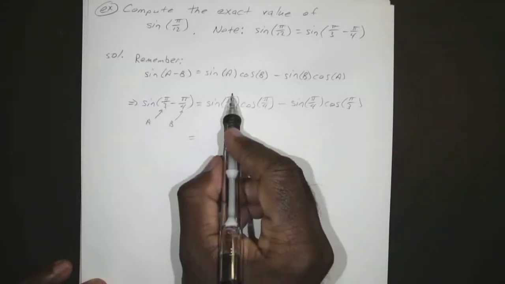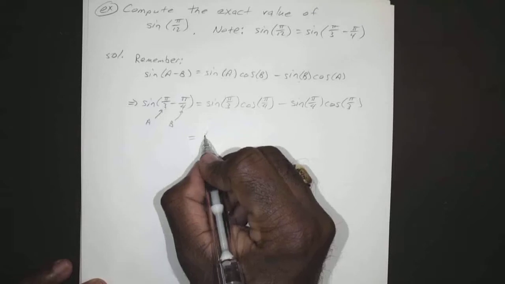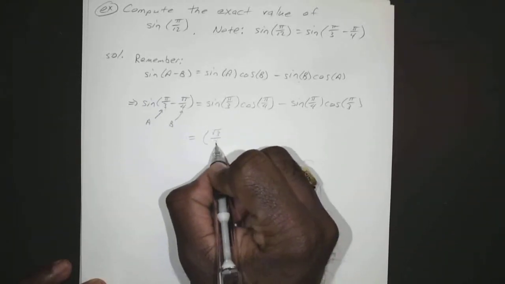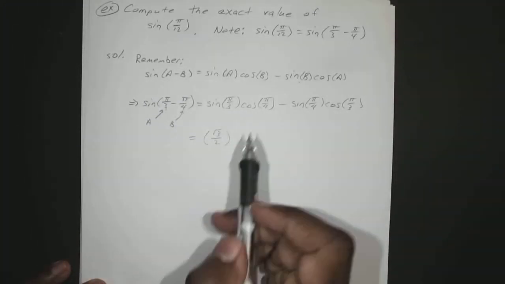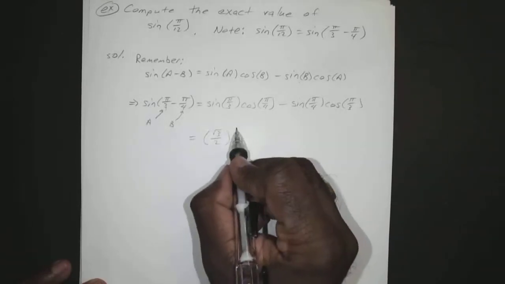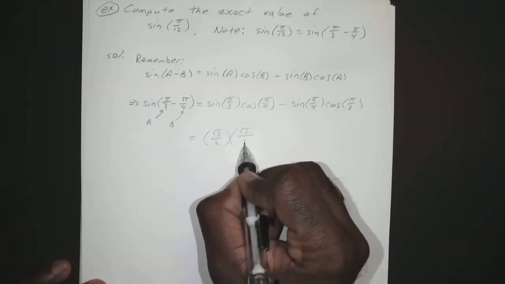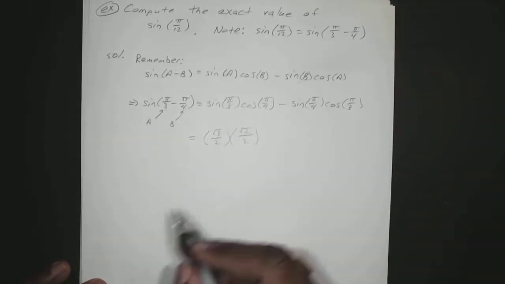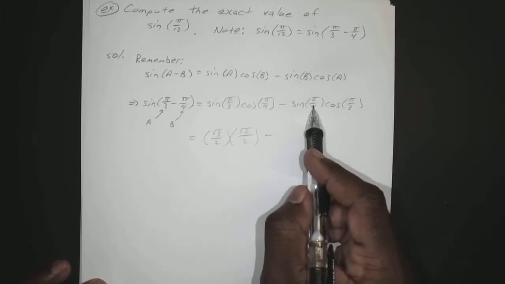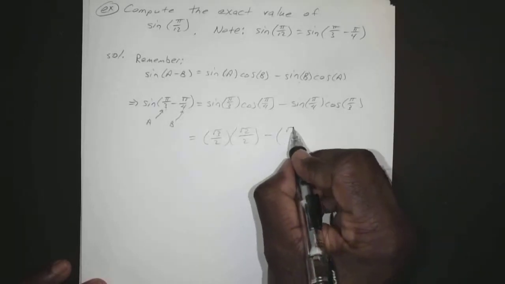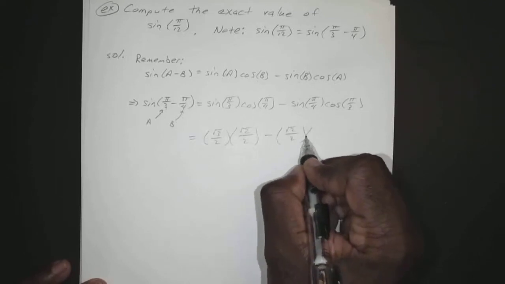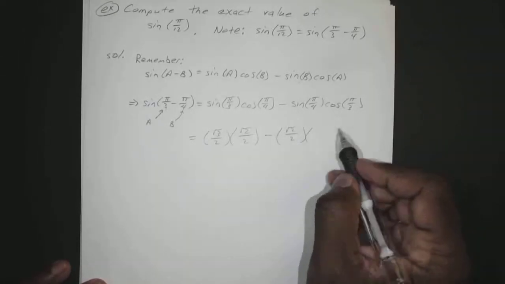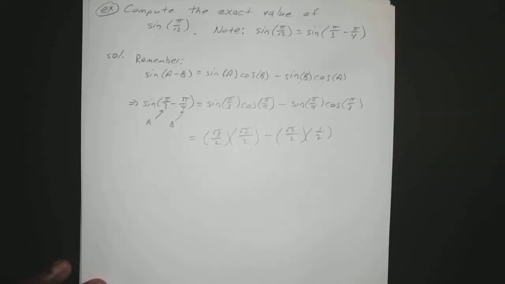Okay. So our sine of pi over 3, that's square root of 3 over 2. Our cosine of pi over 4, that's square root of 2 over 2. Sine of pi over 4 is square root of 2 over 2. And cosine of pi over 3 is 1/2.